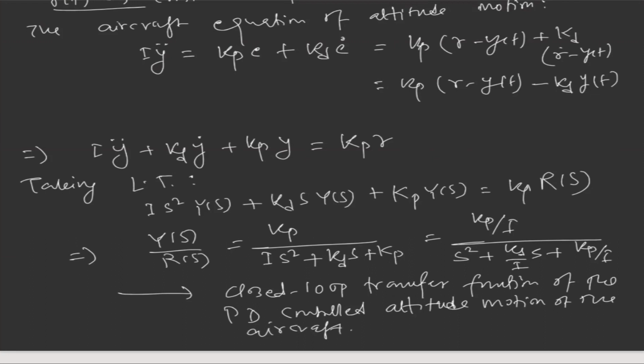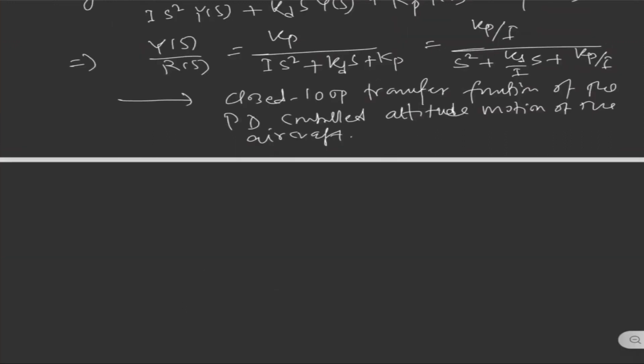So now let's look at how the oscillation is going to be damped out. As we said, this is the characteristic polynomial, which gives us the poles in the closed loop transfer function. So let's write the characteristic equation. We can write s squared plus Kd divided by I s plus Kp by I equal to 0.